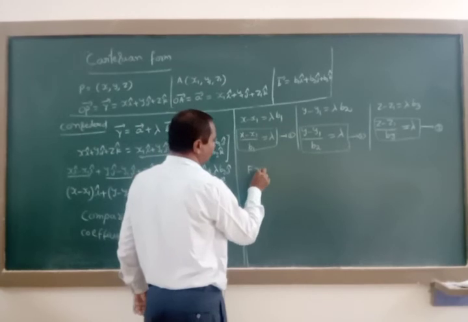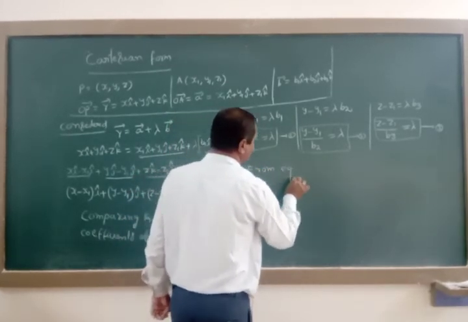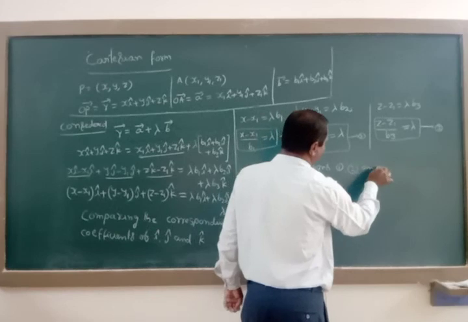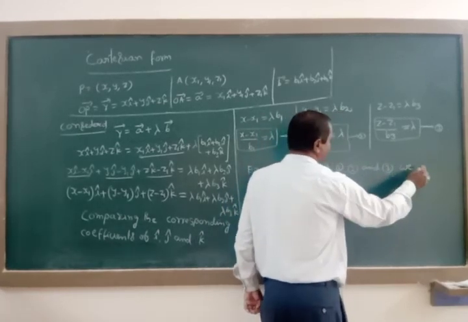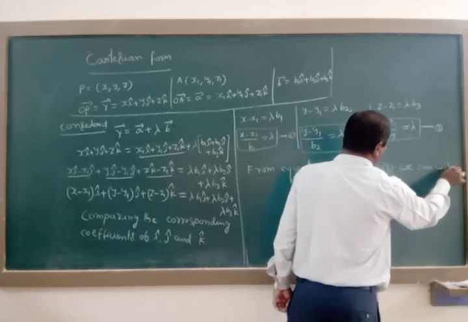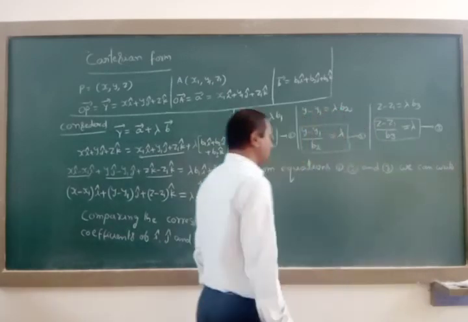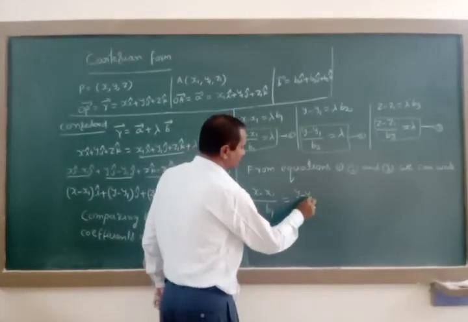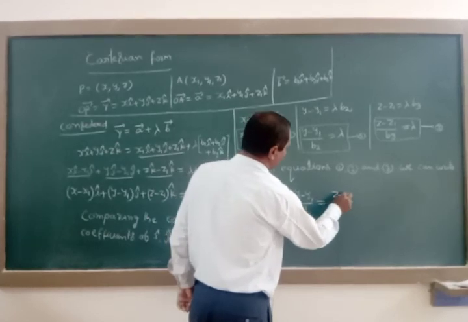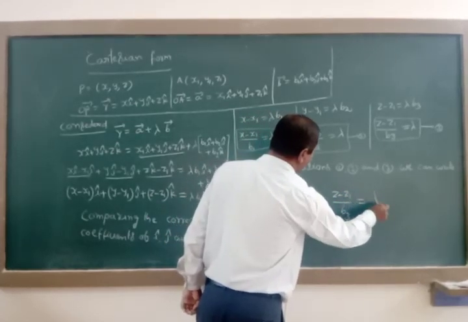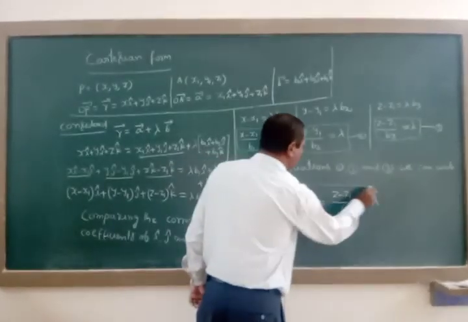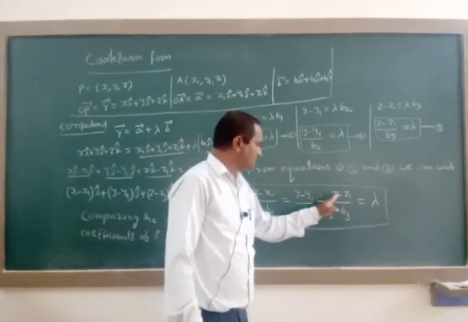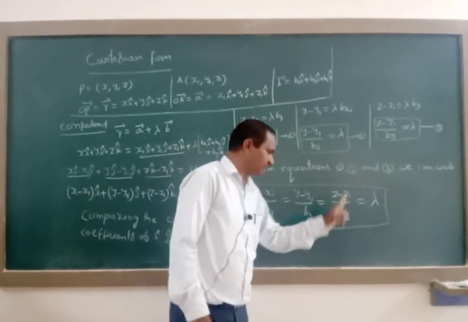From equations 1, 2 and 3 we can write x minus x1 by b1 is equal to y minus y1 by b2 is equal to z minus z1 by b3 is equal to lambda, which is the Cartesian form of the equation of a straight line when it is passing through a point x1, y1, z1 having the direction ratios b1, b2, b3.